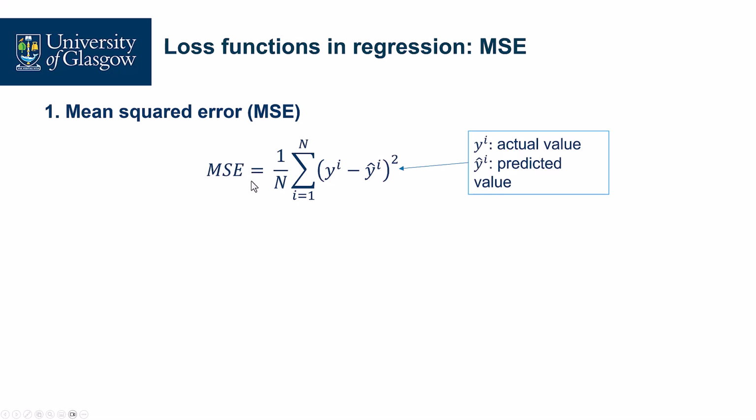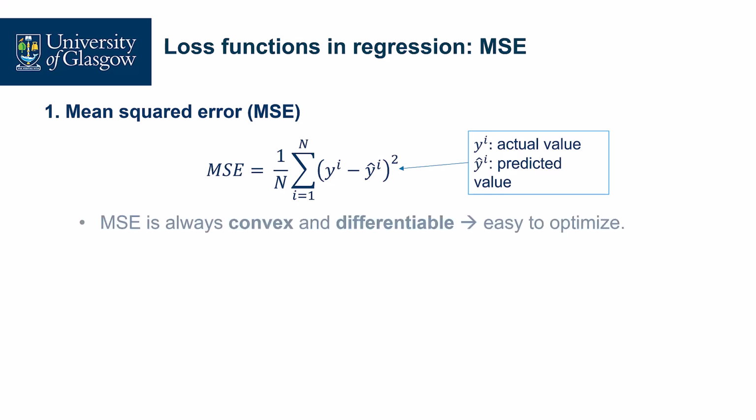This function has some characteristics. First of all, it is convex. As we saw in the second course of this specialization, convex means there is only one optimum, right? And it's also differentiable. If you don't really know differentiable, we can just understand it as easy to optimize, right?